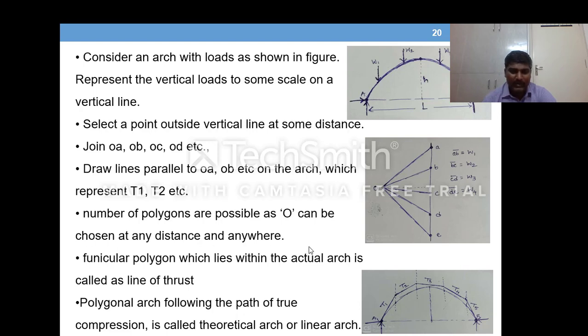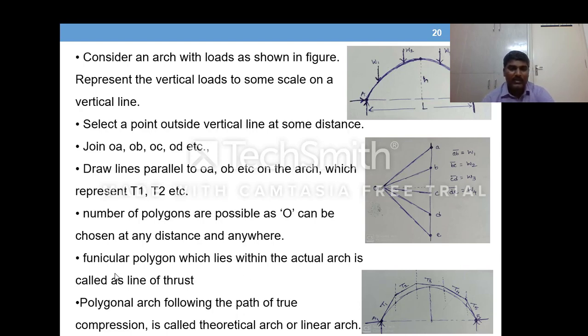Likewise, a number of polygons are possible. So which one is the funicular polygon? Which one is the polygon which exactly suits these loads, which will develop only compression in the arch? That is what is called the funicular polygon.